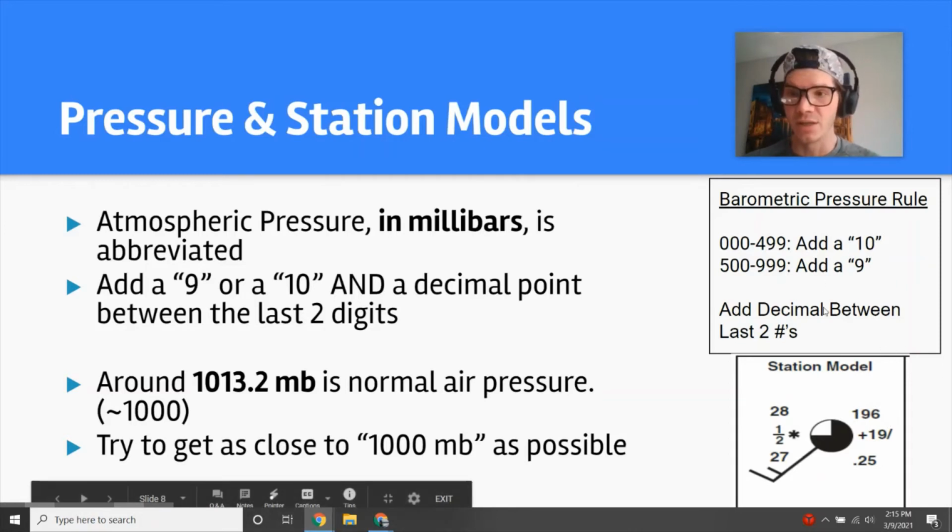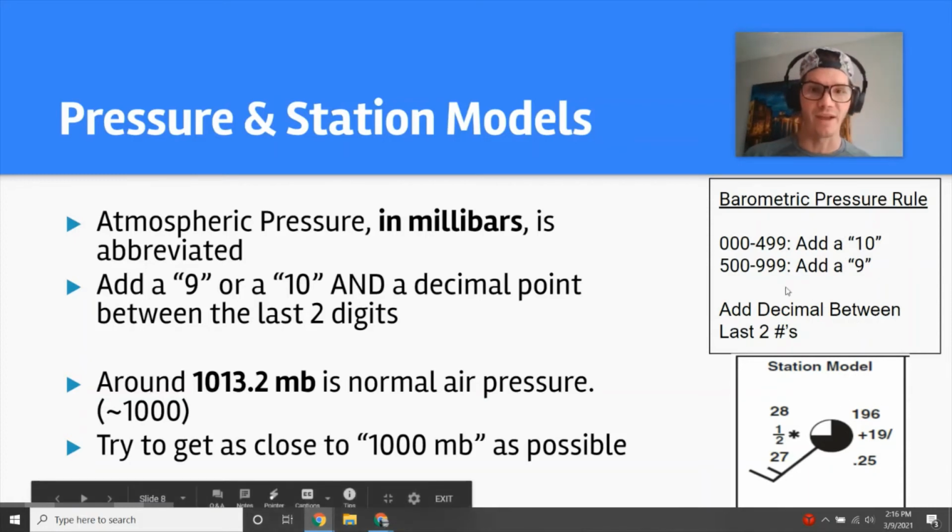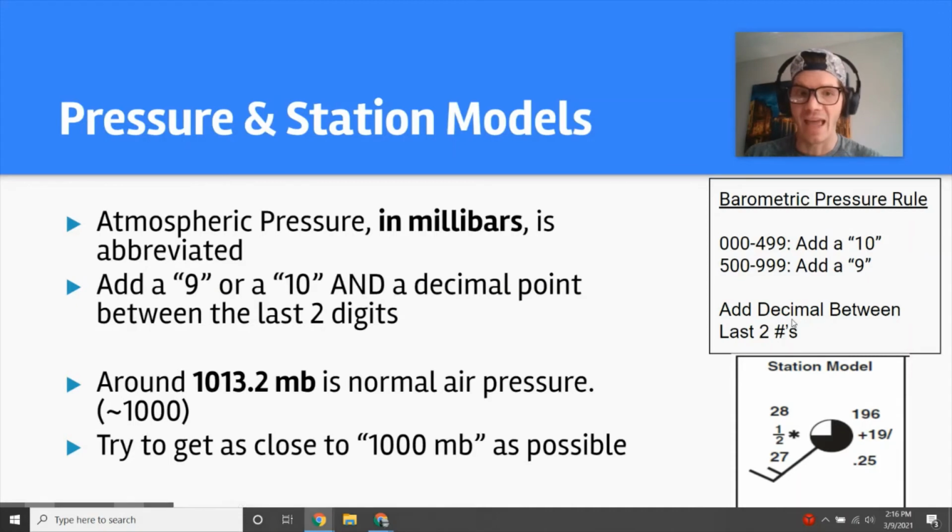And that's because they take the 10 or the 9 off of the front of the number and they lose the decimal place. So in order to interpret that number, we have to go the opposite way. We're going to take these 3 digits and add either a 9 or a 10, depending on the value. And then we'll add a decimal in between the last 2 values.